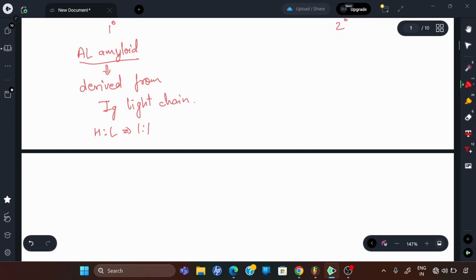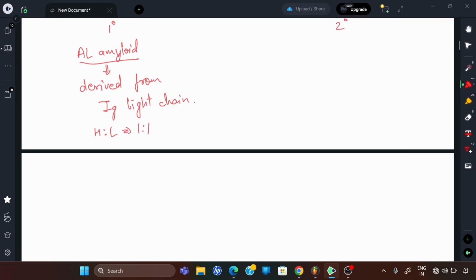But here what we will see is due to plasma cell dyscrasia, the light chain will be overproduced, right? And this will lead to the formation of AL amyloid due to the misfolding of the light chain, and this AL amyloid will be depositing here and there, right? So this was the primary systemic amyloidosis.